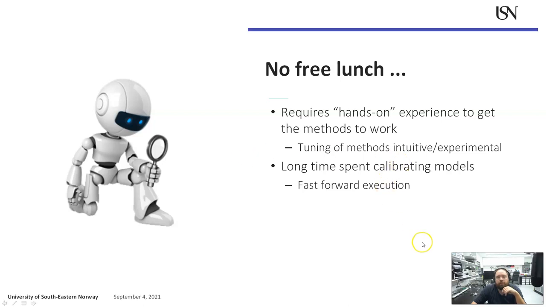And although it can be very time-consuming to calibrate models and search for good tunings and hyperparameters, once you actually have a working model, these models are usually relatively fast in forward execution because each of these components is very simple.